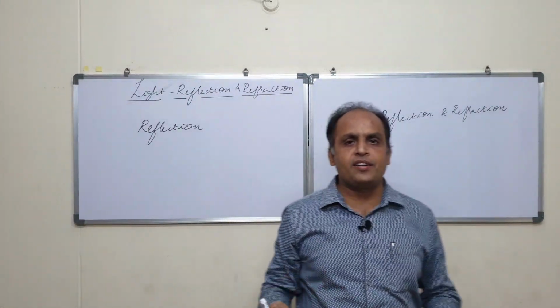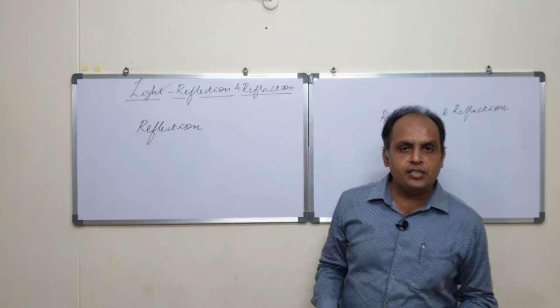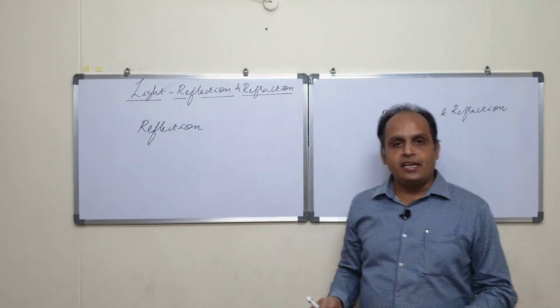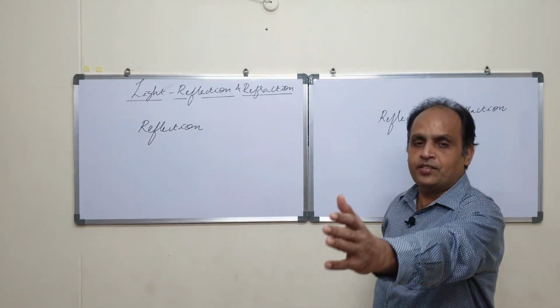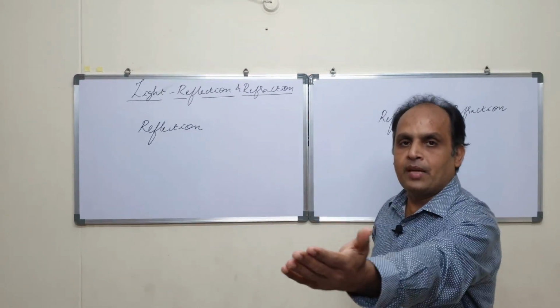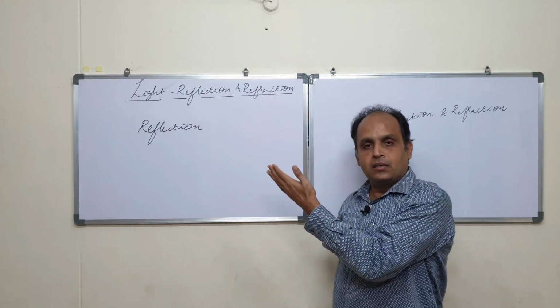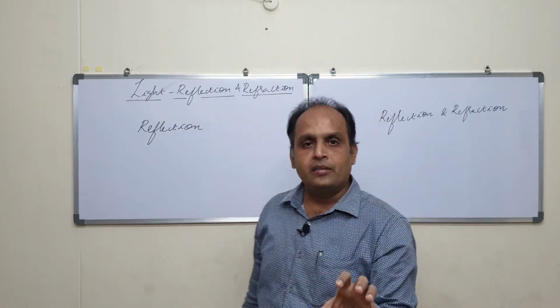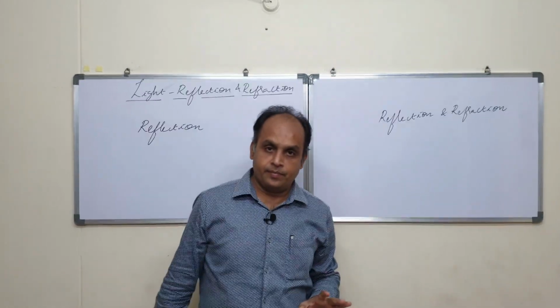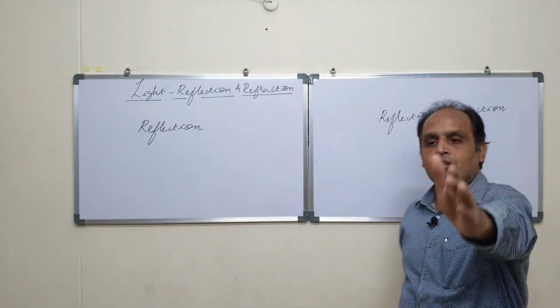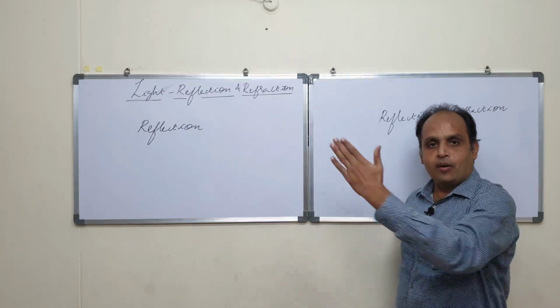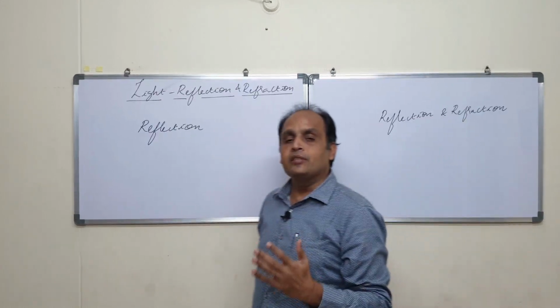Reflection. So what is reflection? Reflection is basically when rays of light go and hit a surface and if they bounce back, we call that phenomenon reflection. Whenever light rays hit some surface and bounce back, we call that phenomenon reflection.